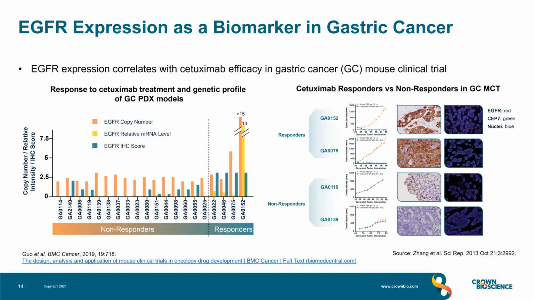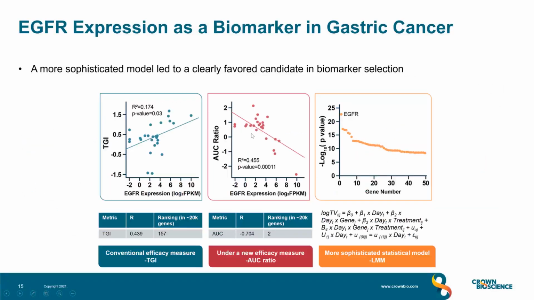I will now illustrate MCT-based biomarker discovery using my favorite example, cetuximab treatment on gastric PDX models. Cetuximab is an EGFR monoclonal antibody, so PDX with higher EGFR expression have better response. Looking at the drug target, when we use DGI as the efficacy endpoint, we observe a good correlation between DGI and EGFR mRNA expression.